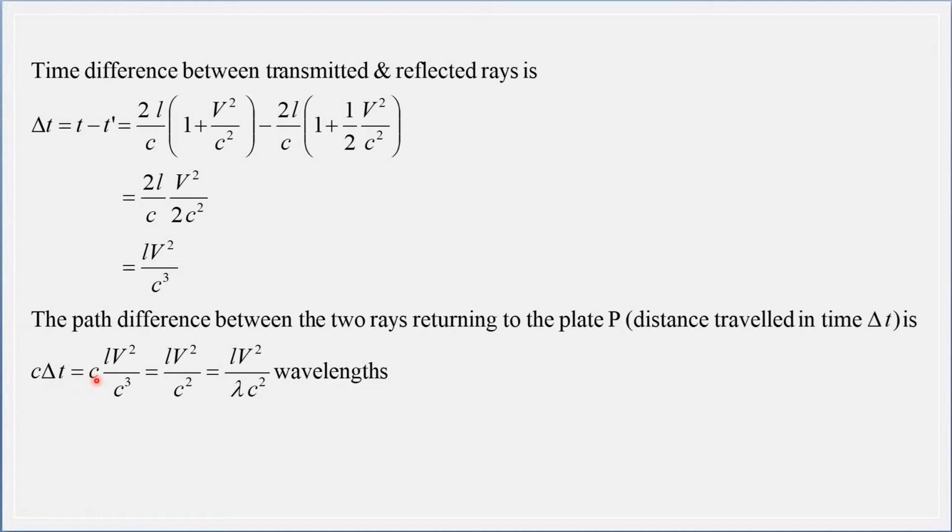Delta t is L V square by C cube, so it is L V square by C square. In terms of wavelength, you divide by lambda, so L V square by lambda C square is the number of wavelengths. So basically the distance is L V square by C square.